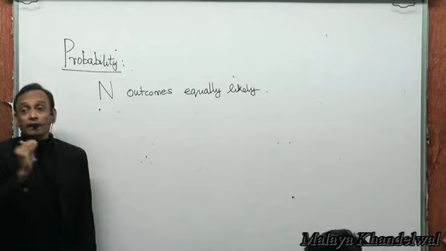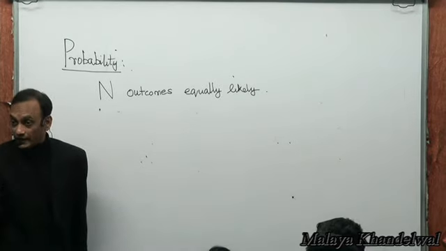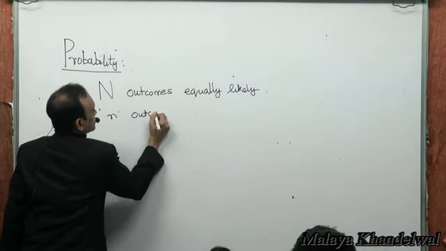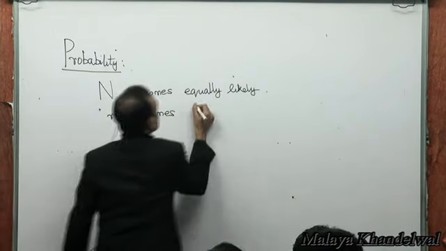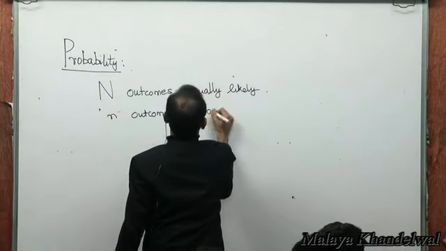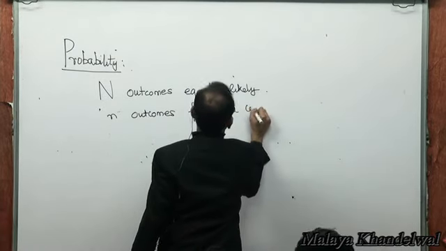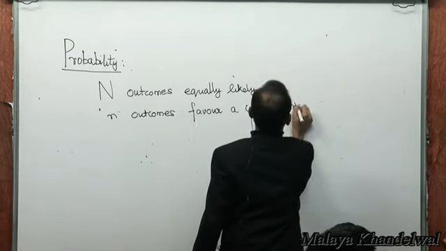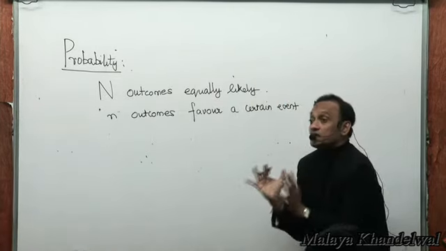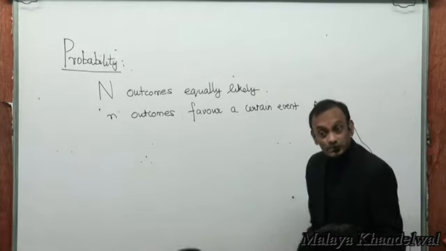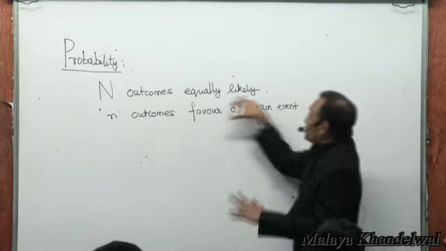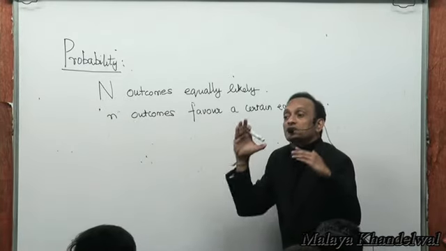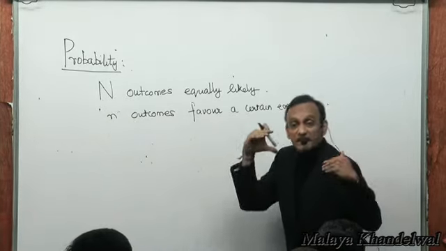out of these N outcomes that are equally likely, small n outcomes favor a certain event A, occurrence of a certain event A, defined for that experiment.